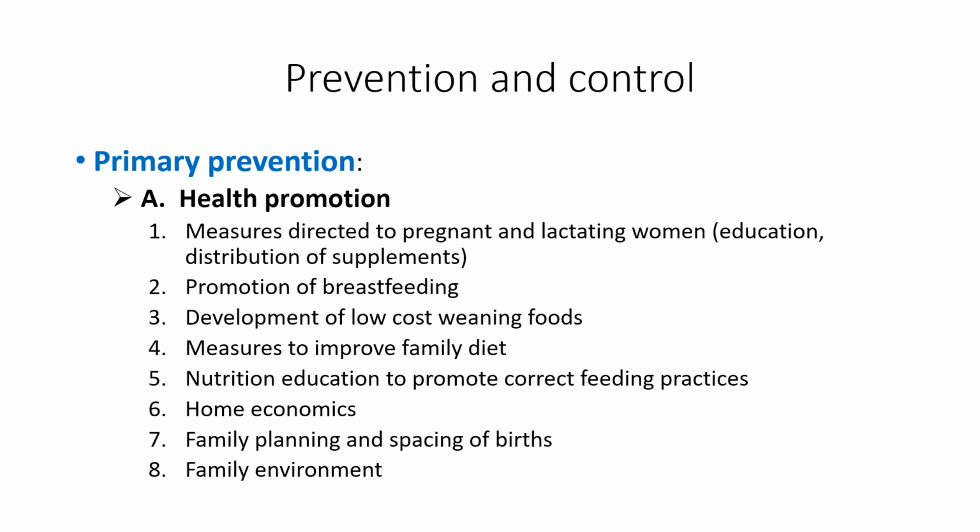There should be at least 3 years of gap between each birth, so that there is enough time for the redevelopment of the nutritional status of the mother. That in turn will affect the nutritional status of the newborn child.